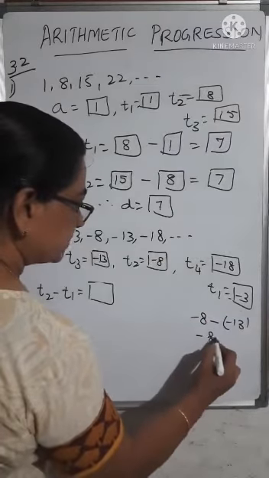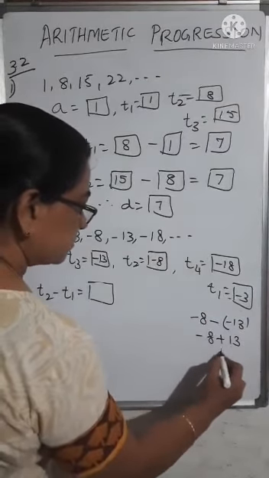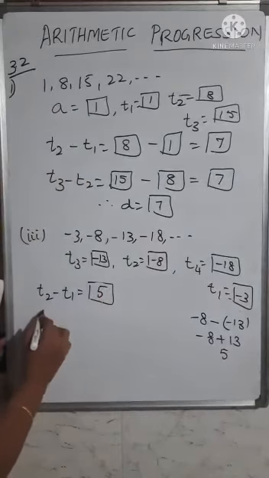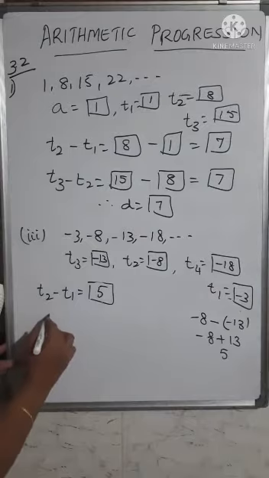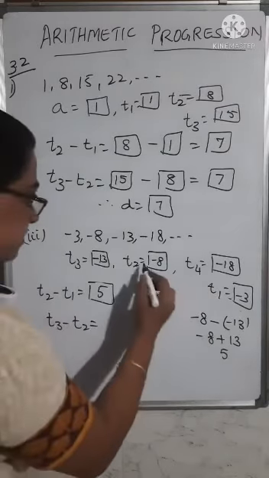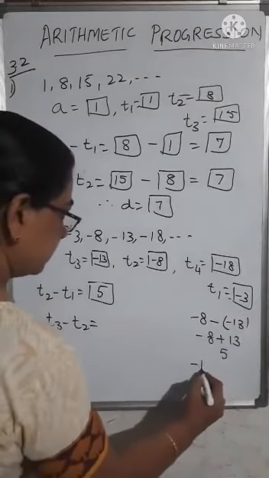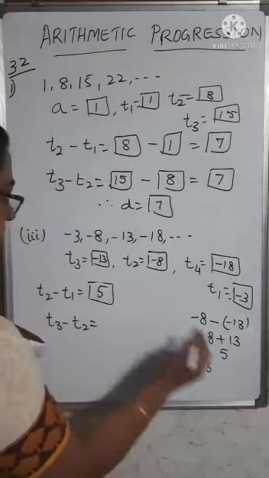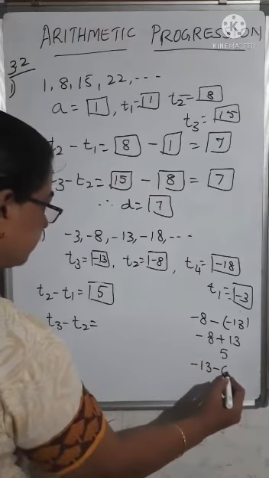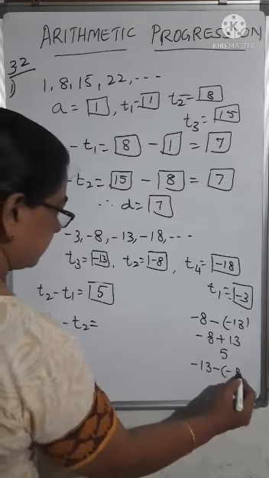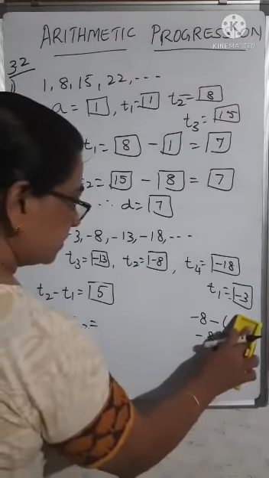So you get minus 8 plus 13, which is equal to 5. So you write 5 here. Next they have asked you to find T3 minus T2. What is T3? You have minus 13 minus of minus 8, which is minus 5.